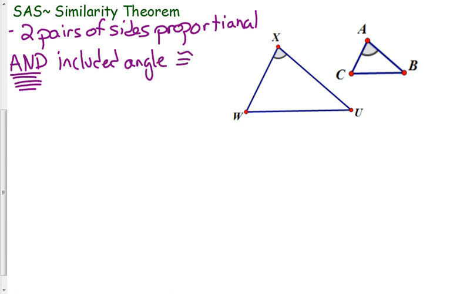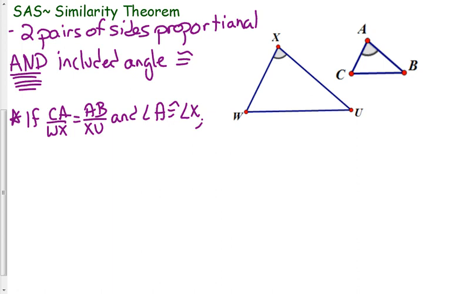Alright. So looking at this one, we would say if CA over WX is equal to AB over XU and angle A is congruent to angle X, then triangle ABC would be similar to triangle XUW.